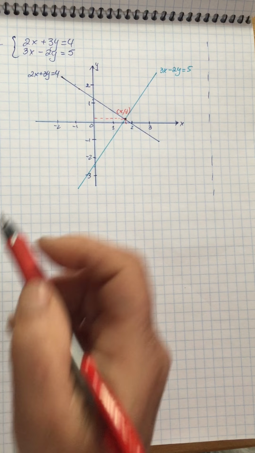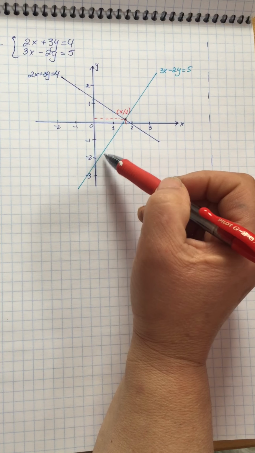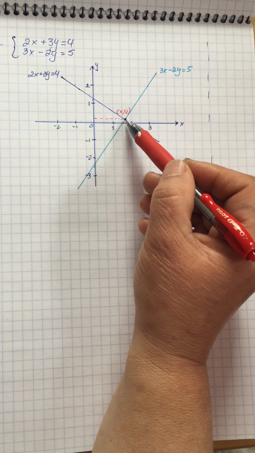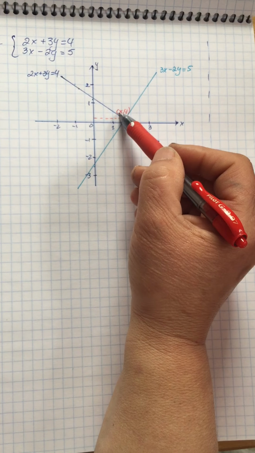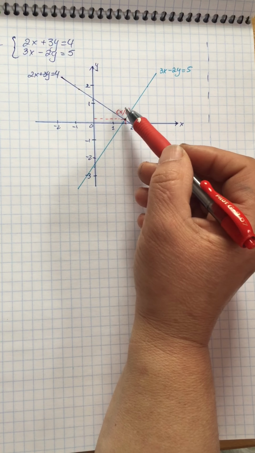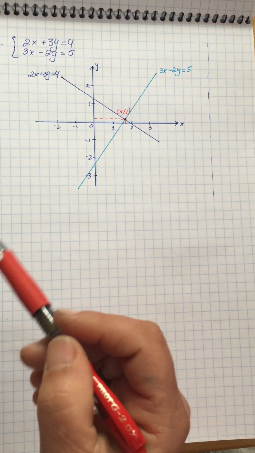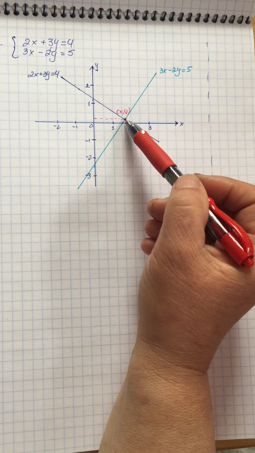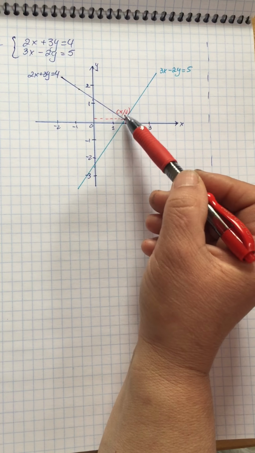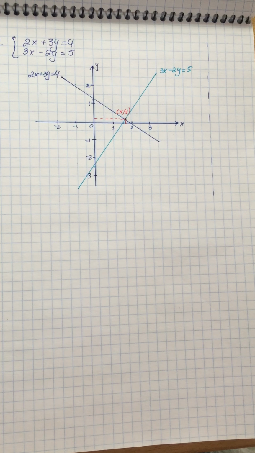Now, why do we need algebra in this case? Because even though you use a graphing calculator and you find the coordinates of this point, sometimes the graphing calculator will give you a value for x or for y which will be maybe a rational number, maybe decimal numbers that you can convert into fractions, or maybe they will be irrational numbers, so you cannot convert them to fractions and declare the exact solution.